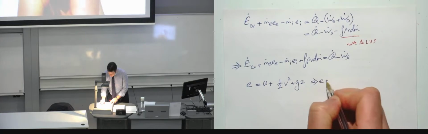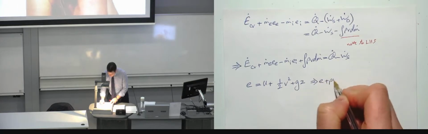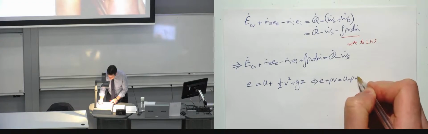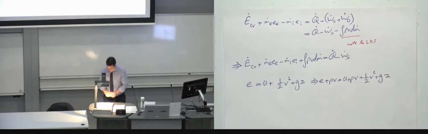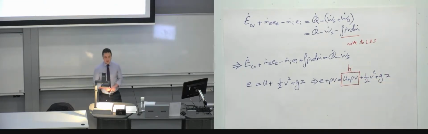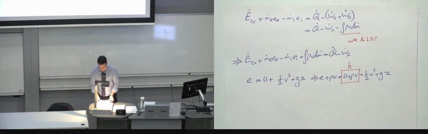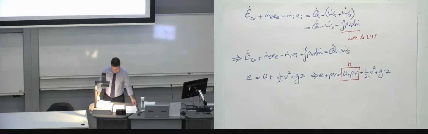And E plus Pv, if I wanted to combine Pv with E, I would then have u plus Pv plus half V squared plus gz. And this is what we define as enthalpy h. And this is what I've done actually in going back to notes.